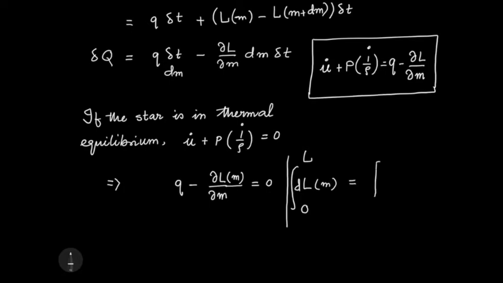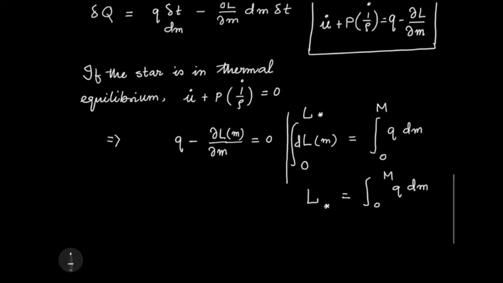This equals the integral of Q dm, and the integral is 0 to M. Okay. So the left hand side is obviously the luminosity of the star. So let's put a star over here. This is the luminosity of the star. This is the quantity that we are plotting on the y-axis of the Hertzsprung-Russell diagram. This equals the integral from 0 to M of Q dm. This is why it is thermal equilibrium.